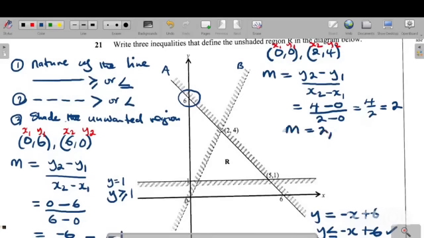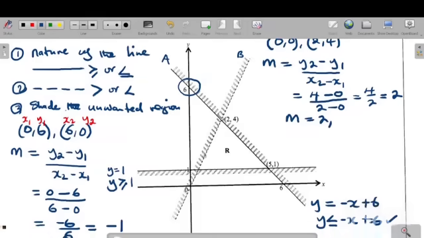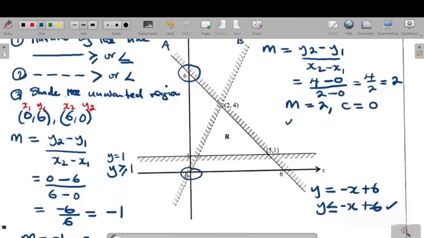Now what about the y-intercept? What about the point where this graph is crossing the y-axis? You can see that this line is crossing the y-axis here at the origin, which means that c is equal to 0. Again, we're going to use the formula y is equal to mx plus c.